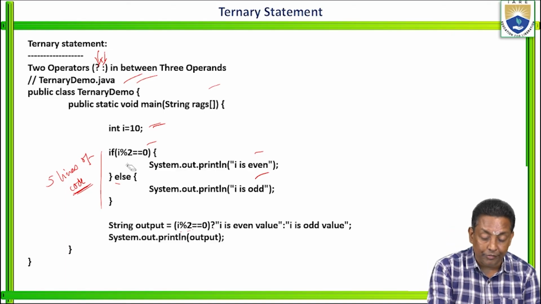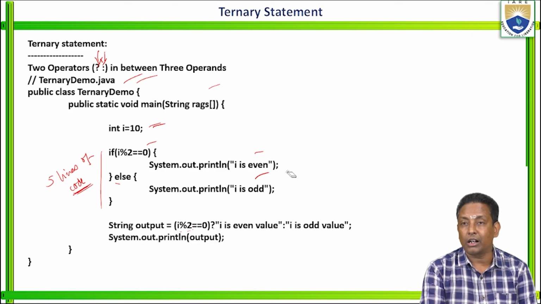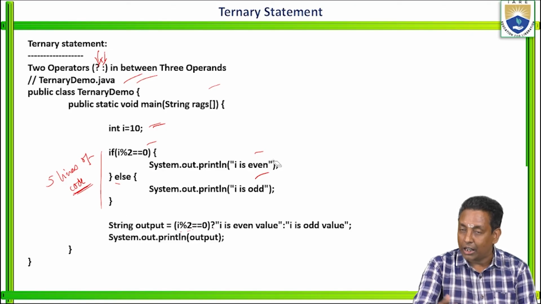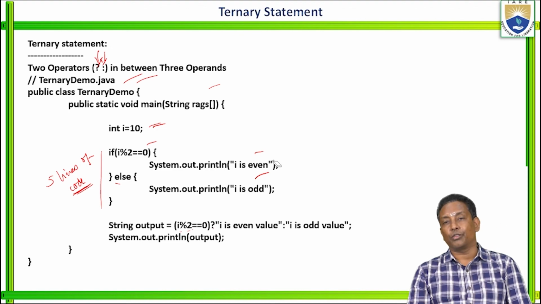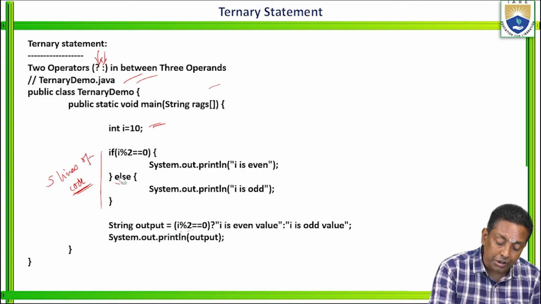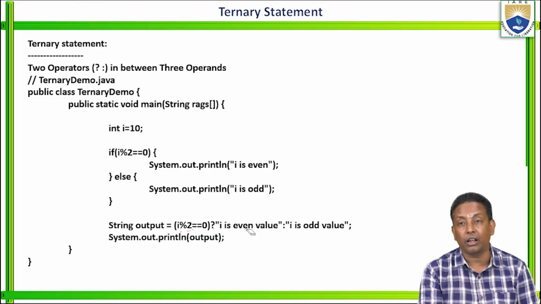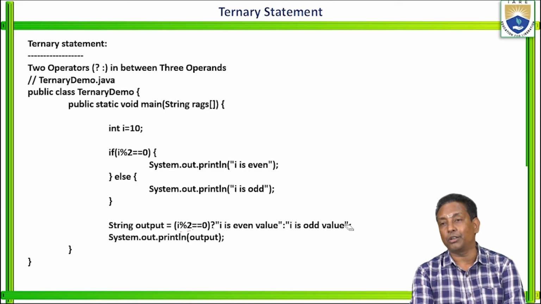Whereas in an if-else condition, if the condition is satisfied, we can write not only one line but 10, even 100, thousands of lines of code. So in if-else, we can execute tens to hundreds of lines, but in the ternary operator only one single line. We cannot execute multiple lines.